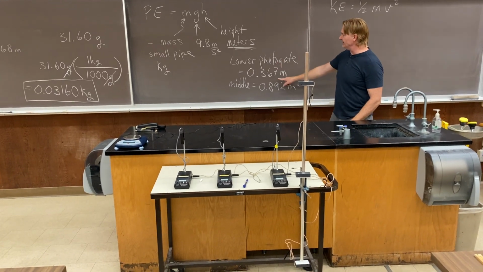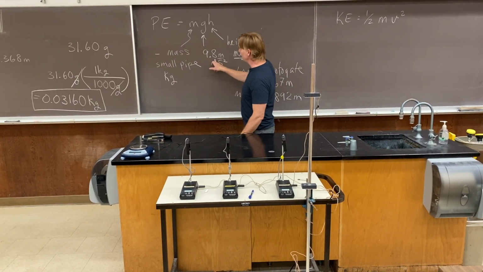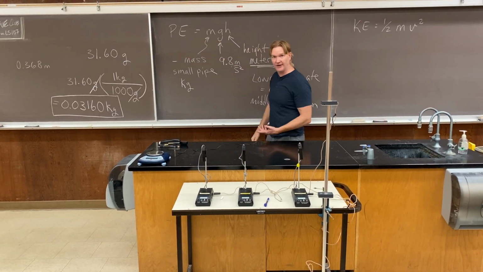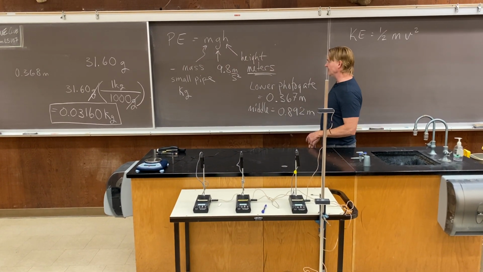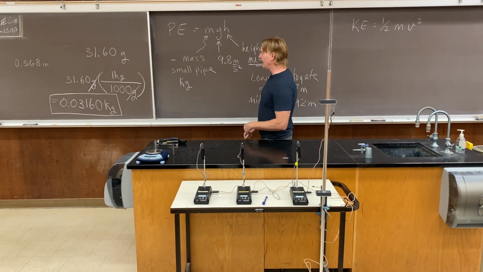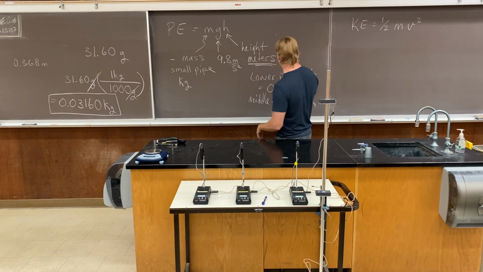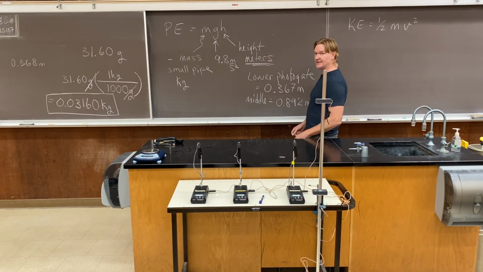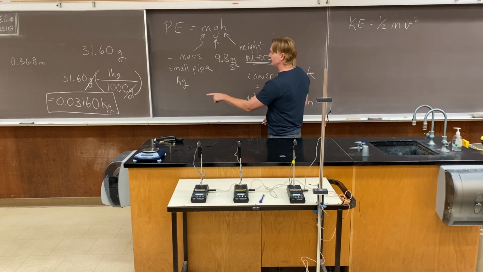Now that we have these numbers, we know the 9.8, we know the mass of the small pipe, all we do is multiply these together and we get a value. Let's just do one to make sure we're on the same page. So let's look at the lower photo gate and try to figure out what the potential energy is there.